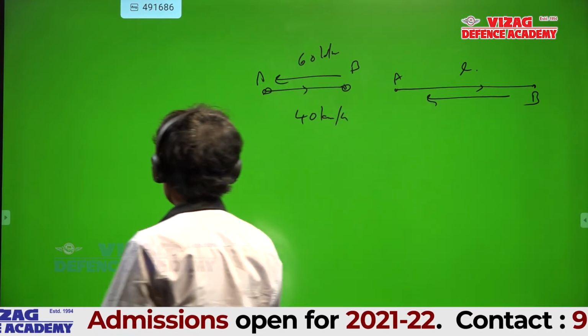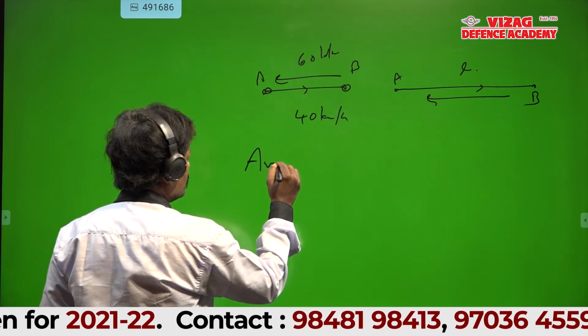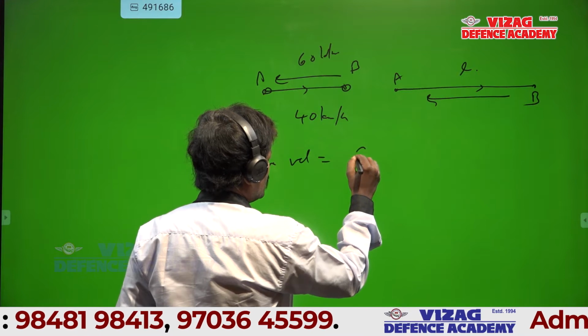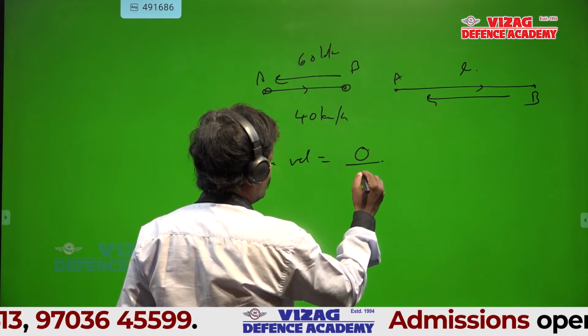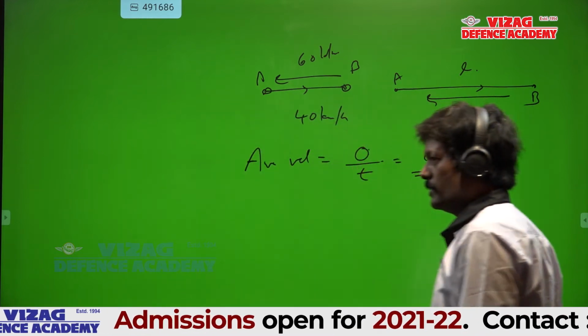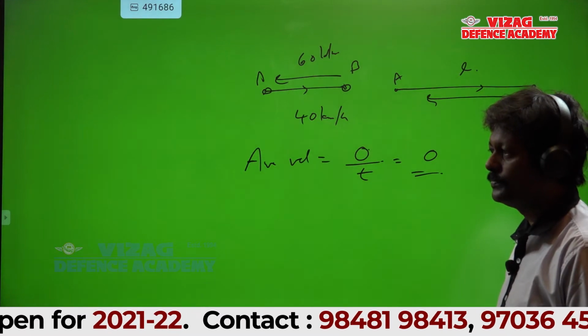Total displacement is 0. So average velocity is total displacement by total time. Time may be something, but what is the answer? 0, sir, because total displacement is 0.